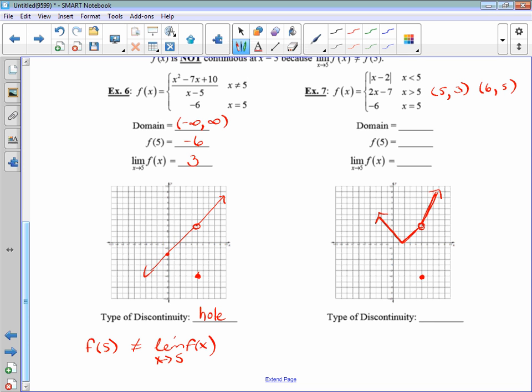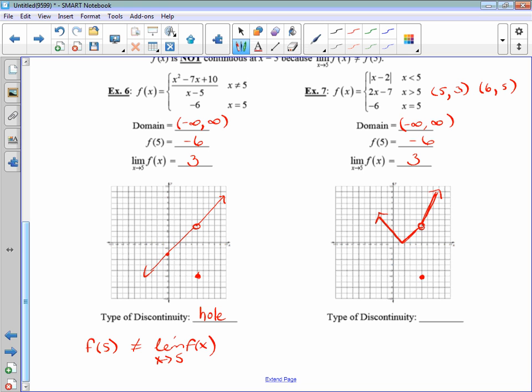Okay. Is it continuous? Still not. Okay. What about domain? What's the domain of this? What is f of 5? Negative 6. What's the limit as x approaches 5? 3.